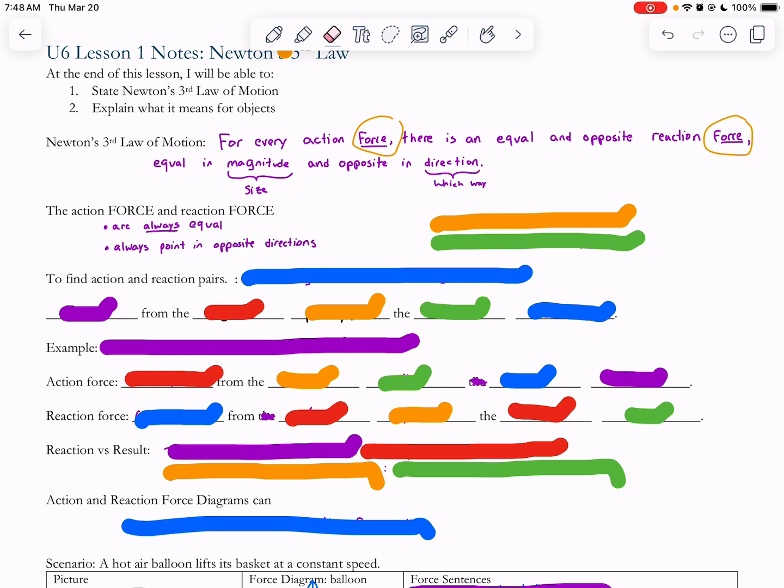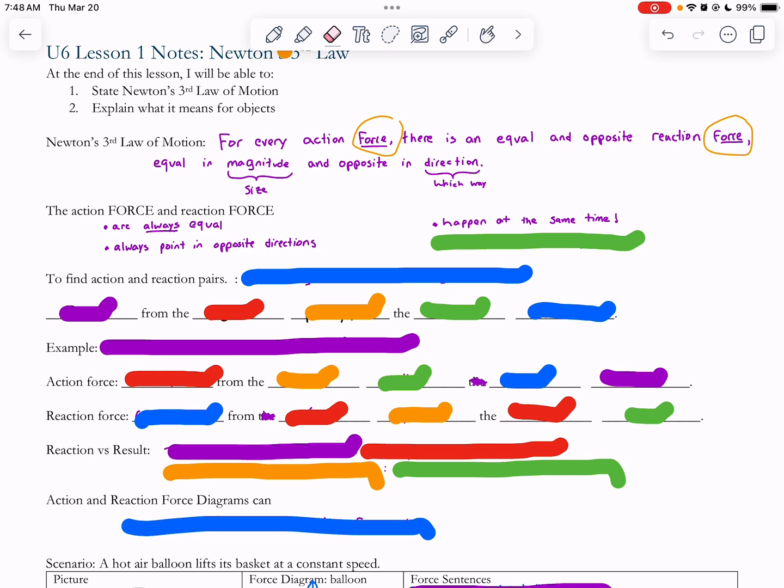And they're always in opposite directions. If one is right, one is left. Sometimes it might seem like they're both in the same direction, but that's actually not the case. Later, when we're identifying action and reaction force pairs, remember that they're always in opposite directions. If you pick two that are in the same direction, they're probably not a pair.